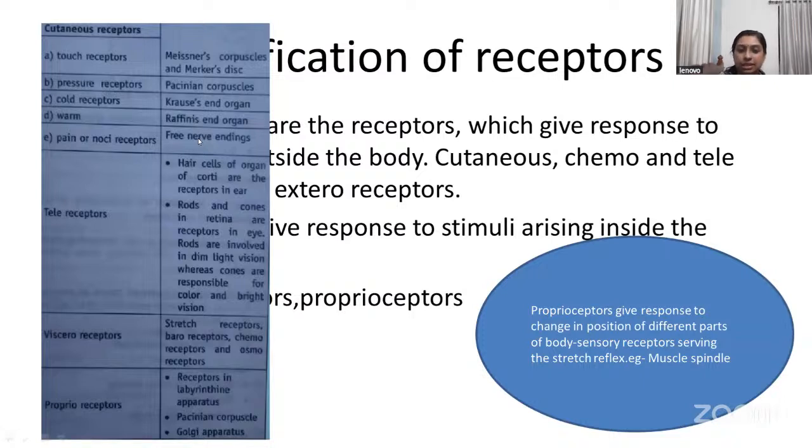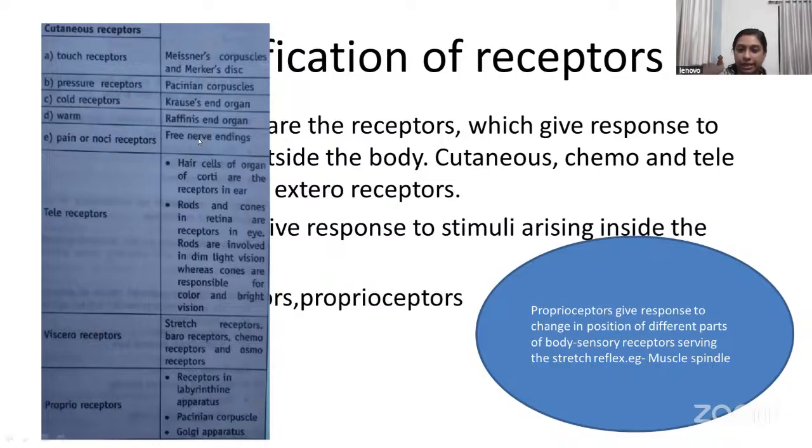Next is the telereceptors. Telereceptors are associated with special senses. For example, hair cells of the organ of Corti are the receptors in the ear, and rods and cones in the retina of the eye. They are all telereceptors. Rods are associated with night vision as well as black and white vision. Color vision is provided by the cones.